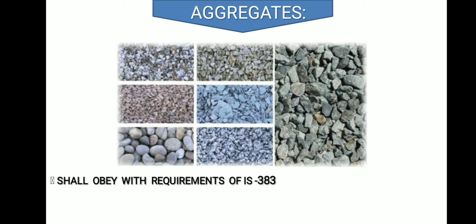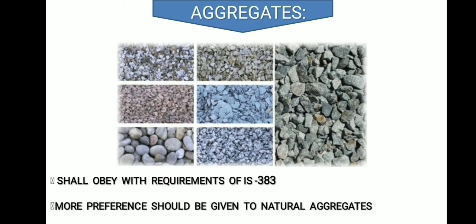Now what is this IS 383? So roughly I'll be mentioning that IS 383 is the specification for coarse and fine aggregates from natural sources. Okay, next. And when we are using these aggregates, more preference should be given to natural aggregates.